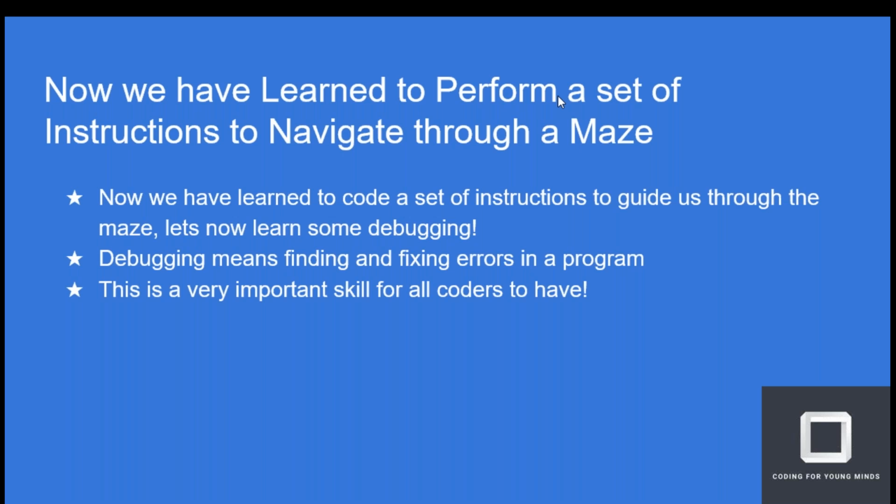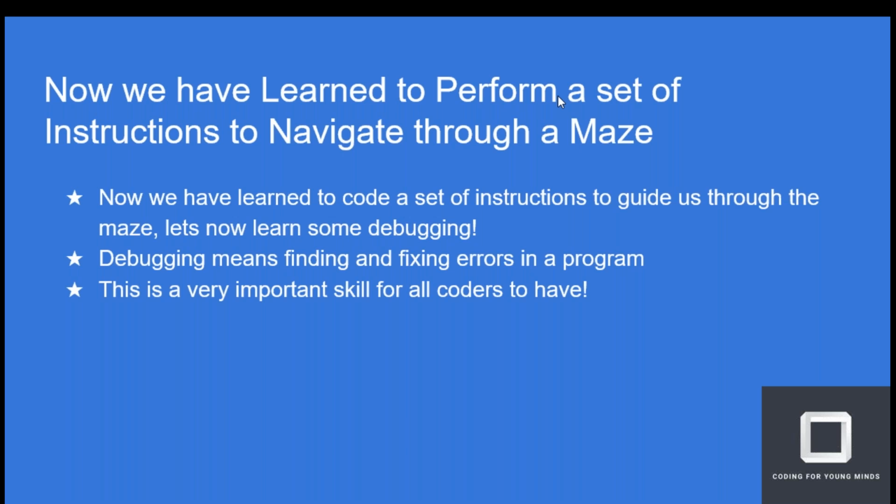This skill of debugging is a very important skill for all coders to have, and it's important for everyone to start young, as it's important to understand your code and realize the issues you have in it so you can fix them.